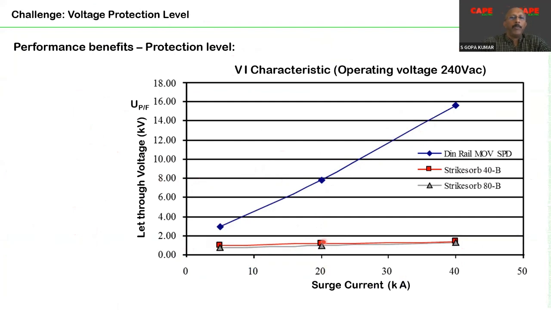Most of the time, even if you go for a good quality SPD, the connecting wire and the backup fuse decide the actual safety. And most of the time, we are compromising the effective protection level because of the line length and the backup fuse. This is a very important subject which I wanted to explain to you.